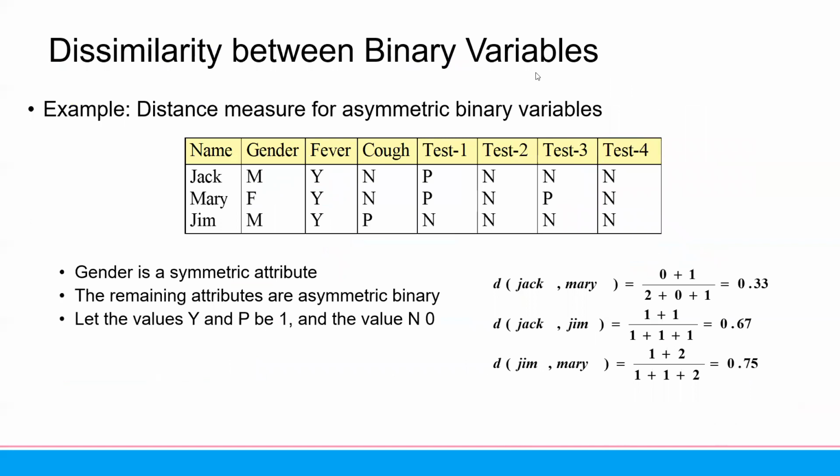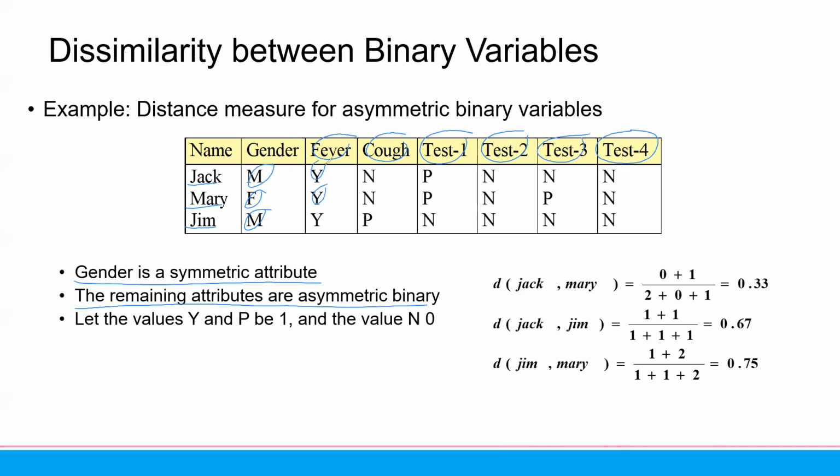We have Jack, Mary, and Jim. Gender is a symmetric attribute: M, F, and M. The remaining attributes are asymmetric. We have fever, cough, and then there are 4 kinds of tests: test 1, test 2, test 3, and test 4.